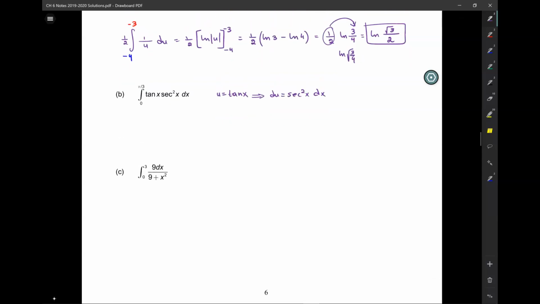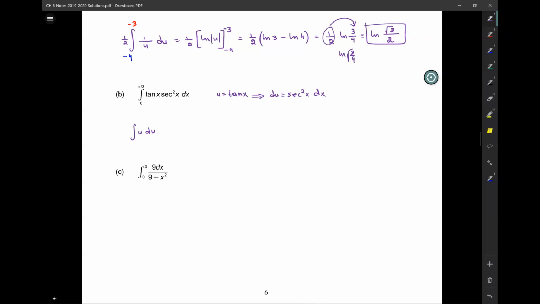Because if you do it the other way, then if you have secant, the derivative is secant tangent and you don't have enough secants to go around. So this one here is going to be the integral of basically u du. You see what a simple function it turns into?